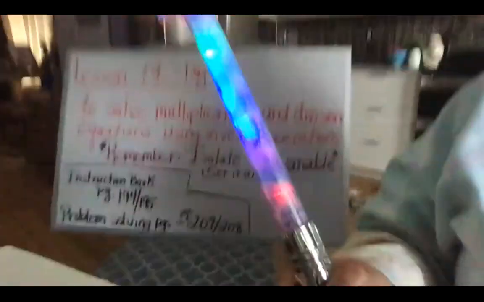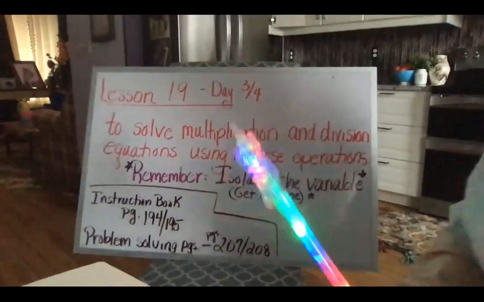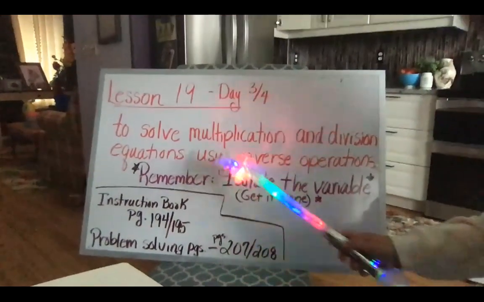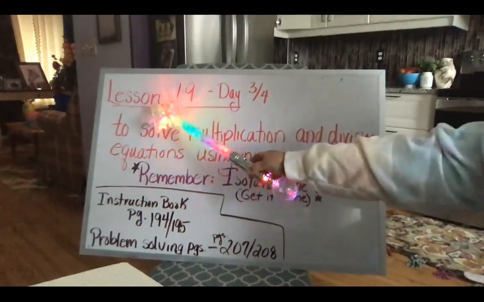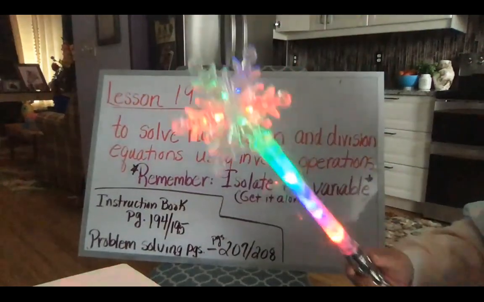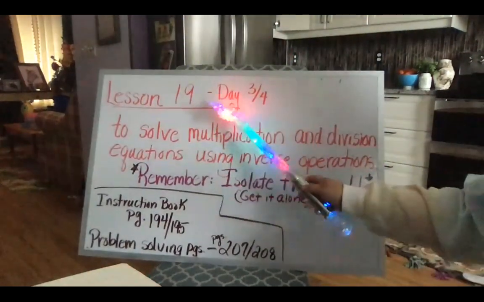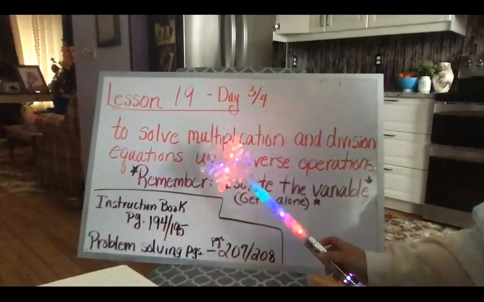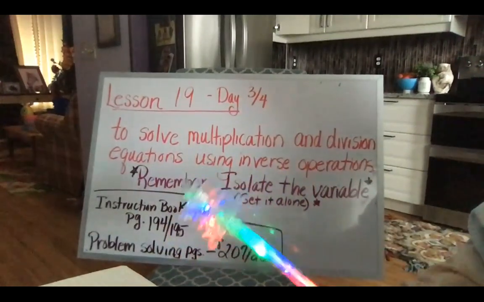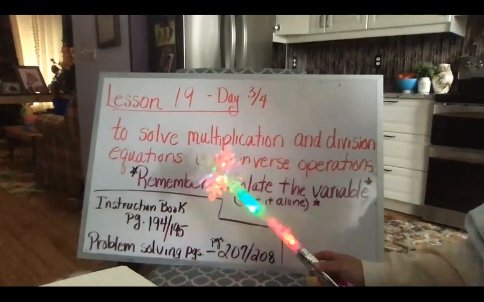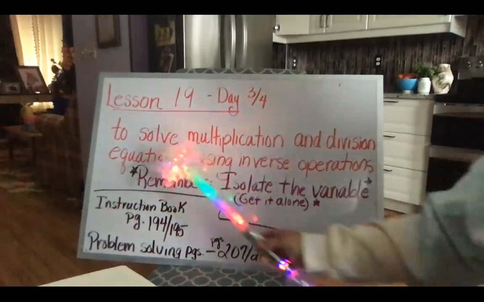Today, I have my magic mathematical wand. As you can see, I'm doing 3 lessons in one day because I'm still wearing the same outfit. So this time for our lesson, let's take a look-see. We're going to be doing lesson 19, day 3 of 4. After today, it'll be more of your own independent practice to work through to practice these concepts.